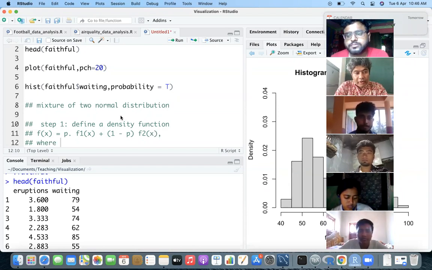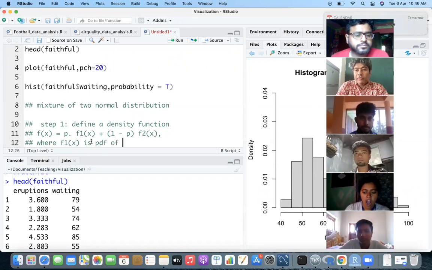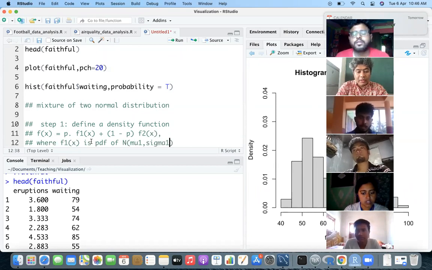Where f1(x) is the PDF of, say, a normal distribution with some mean mu1 and variance sigma1 square.